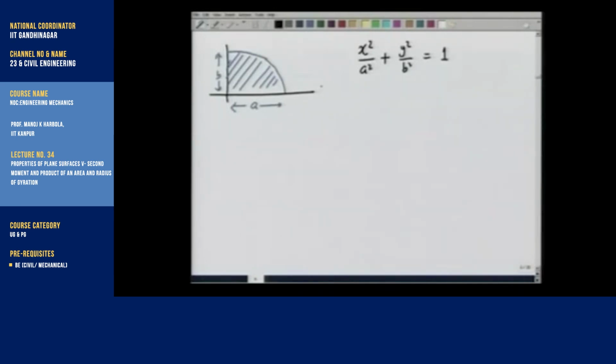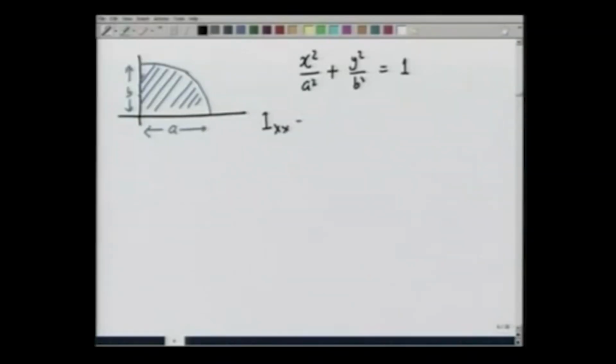To calculate Ixx, which is the integral of y squared dA, I choose a strip parallel to the x-axis of width dy and write this quantity as y squared. The length of the strip, let's call it delta x, times dy. My job is to calculate delta x, and y varies from 0 to b.